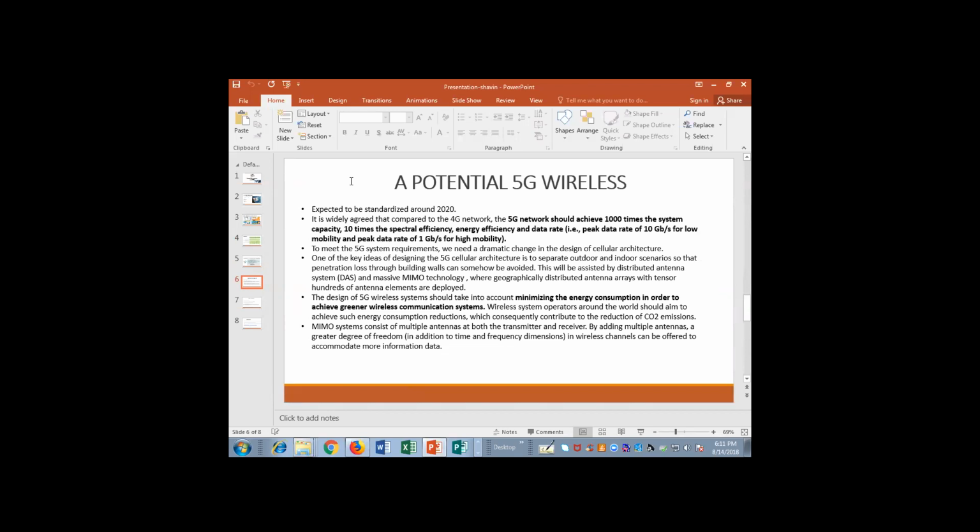In order to achieve green, basically what we are talking about is that the number of antennas used for these wireless technologies will generally be increased, right? That's what the MIMO systems are saying, massive input and massive output systems that will be brought in place in order to achieve the 5G wireless systems, where we will increase the data network rate to 1 gigabit per second, right? However, to achieve this, we will have some challenges which I'm going to discuss in the next slide.